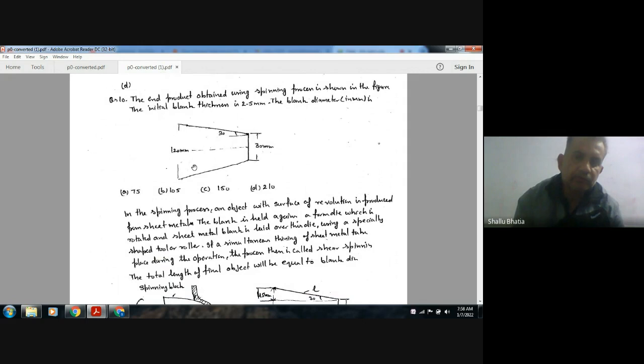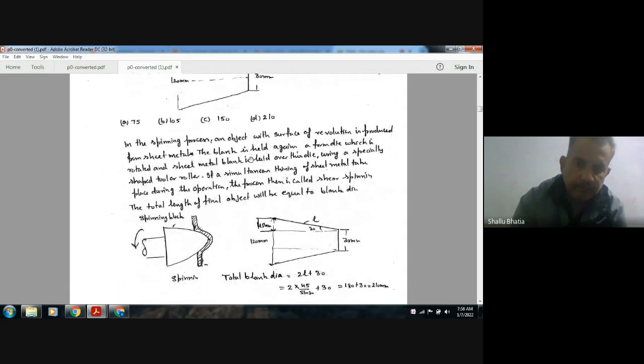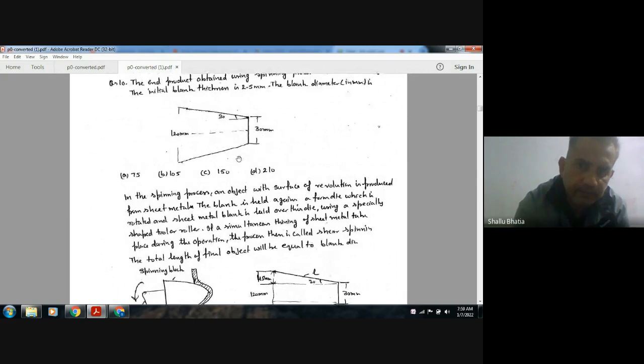Next, the end product obtained using spinning process is shown in the figure. The initial blank thickness is 2.5 mm. The product has a length dimension of 120 mm and this diameter is 30 mm. So this is the end product.